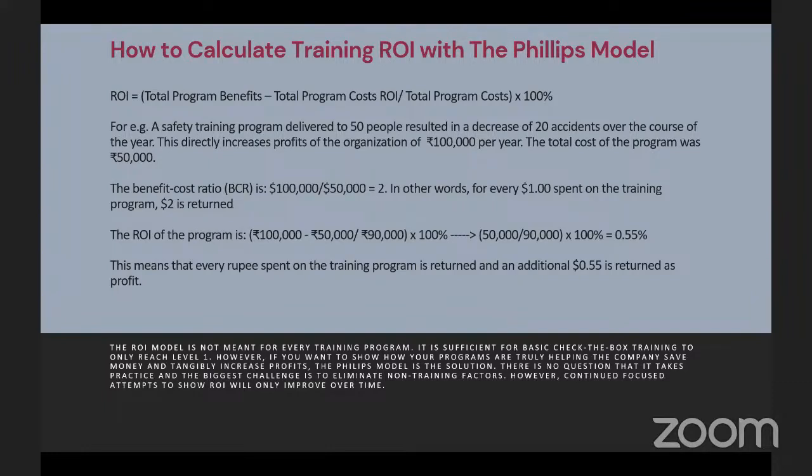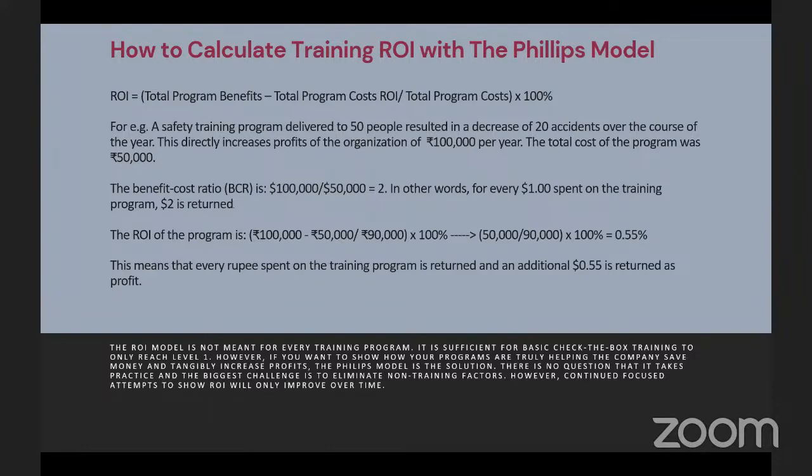When we talk about the Kirkpatrick model, you will be hearing me talk about Kirkpatrick more, because Phillips ROI has been adapted from Kirkpatrick. The only thing added is the final level 5, which is return on investment.